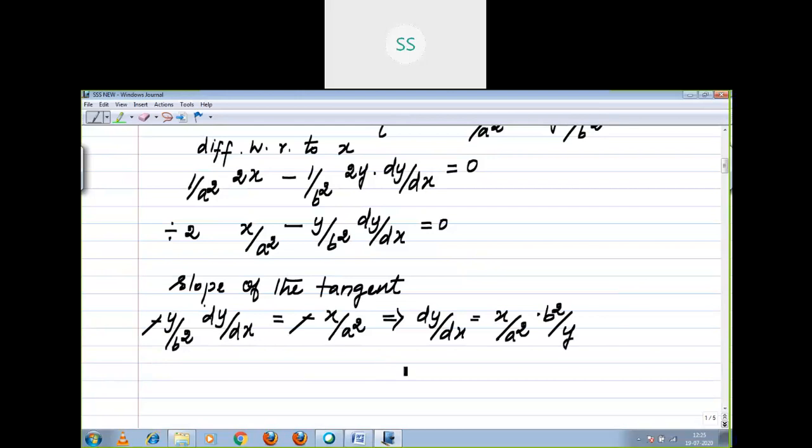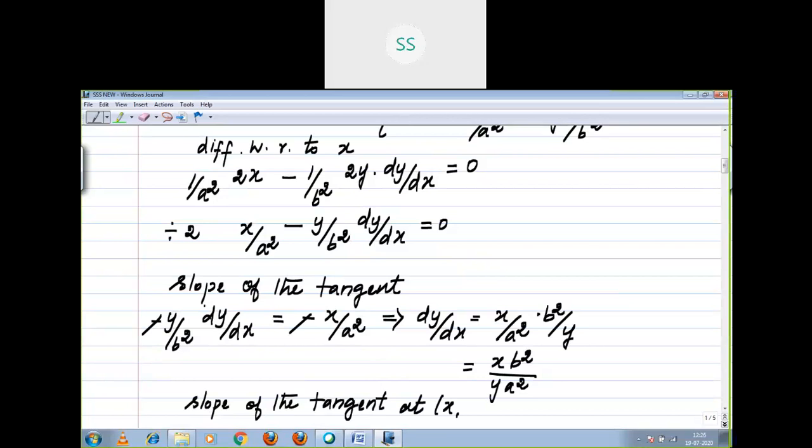Now what is your dy by dx? x b square divided by y a square. This is your slope of the tangent. What is it? x b square by y a square. Slope of the tangent at x naught comma y naught, the point is given to you.